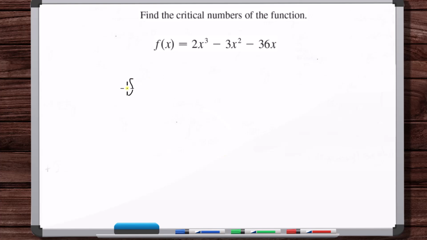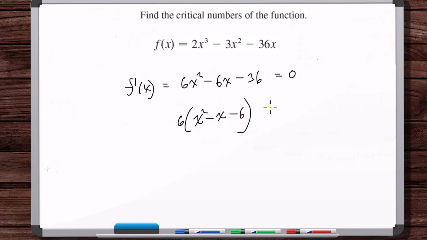All right. f prime of x is equal to what? 6x squared minus 6x minus 36. Set this equal to 0, solve for x. Let's factor out a 6. Let's factor this.